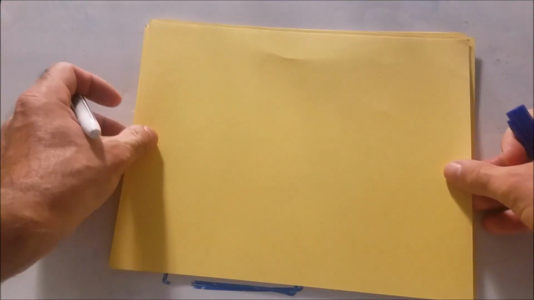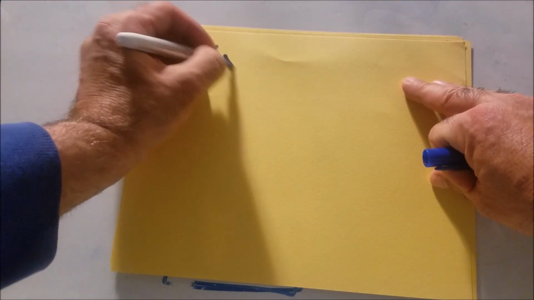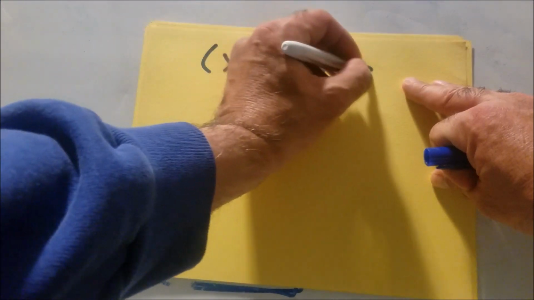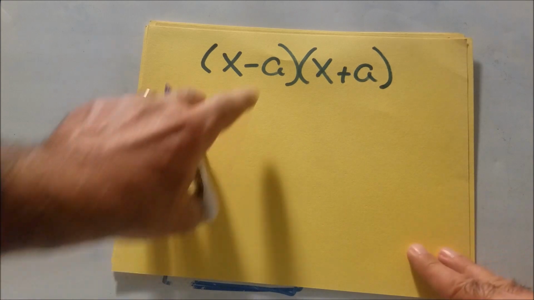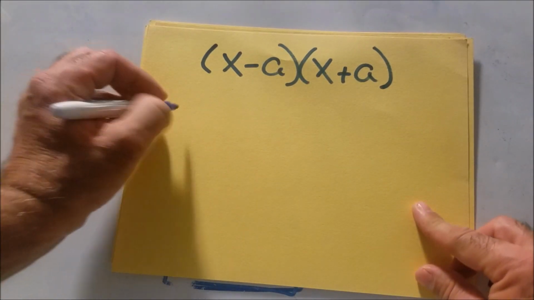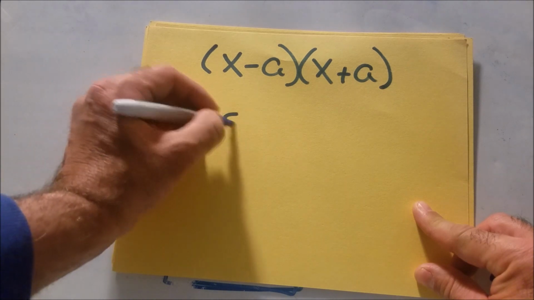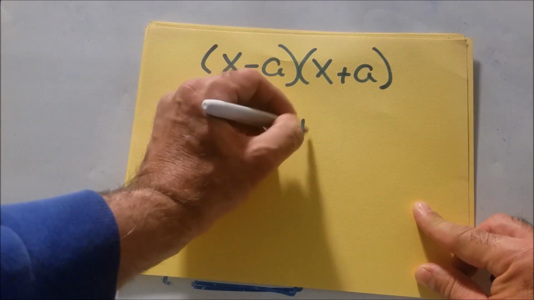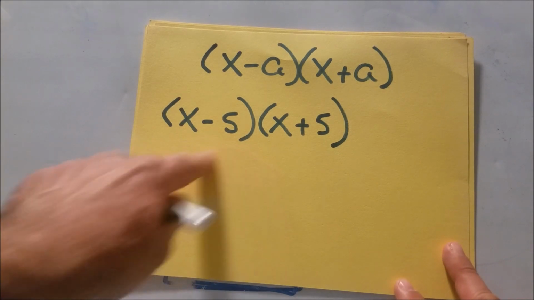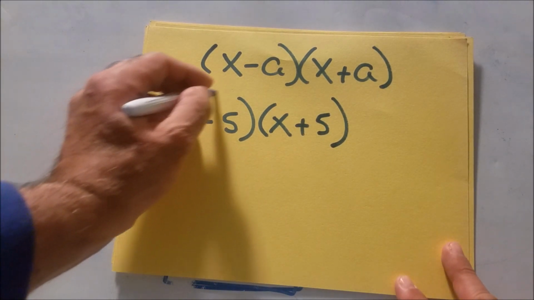Now sometimes you're going to see something like x minus a and x plus a. There's a minus and there's a plus. So let me give you an example of that. Let's say x minus 5 and x plus 5. So let's perform FOIL, and you're going to see what we get here.